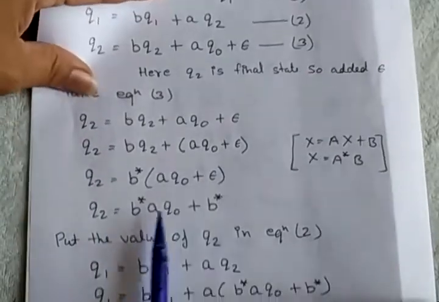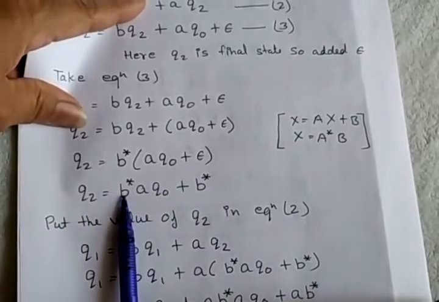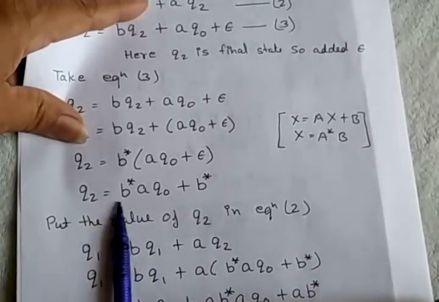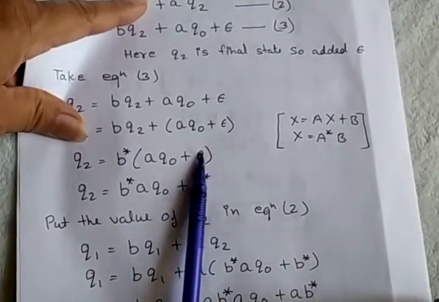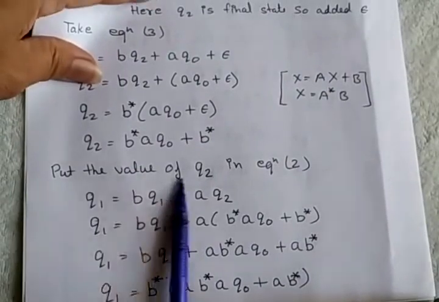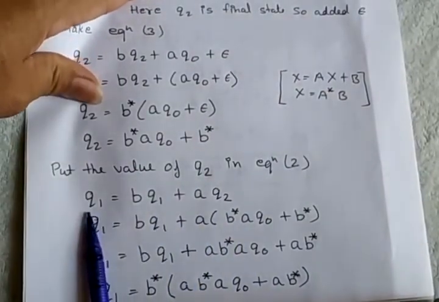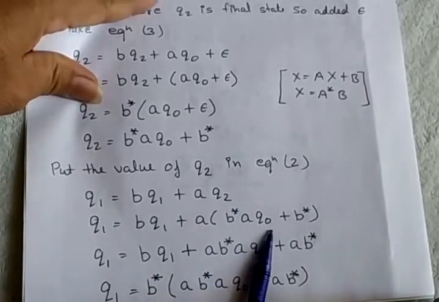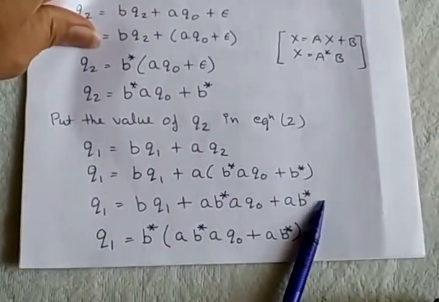Okay. Now open the brackets. Then Q2 is equal to B star AQ0 plus B star epsilon, and B star epsilon will be B star only. Right? Now put the value of Q2 into equation number 2. After putting this value, the equation will become like this.